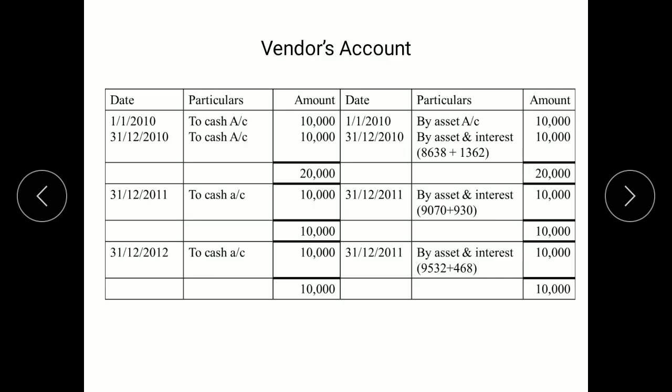In the last year also, the installment amount again becomes due. So by asset and interest account 10,000. This installment which is due will be paid on the same date. So to cash account 10,000. So in vendors account, on the credit side we are writing the amounts which are due. On the debit side we are making the entry for payment made to the vendor.